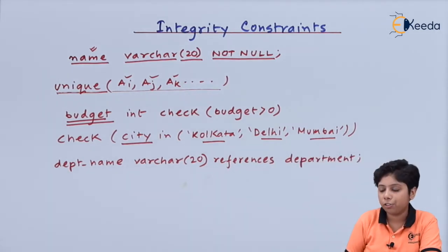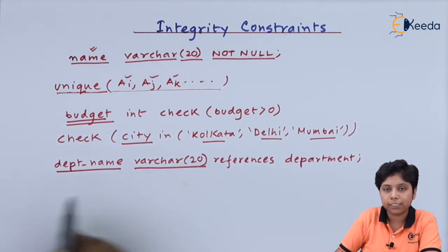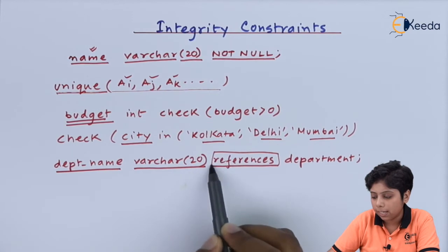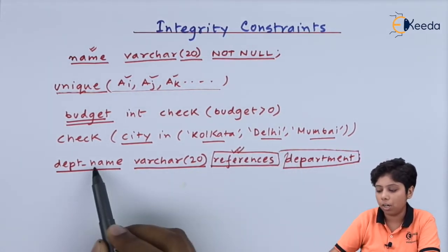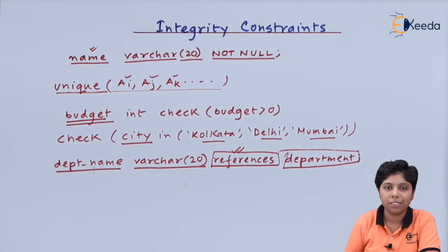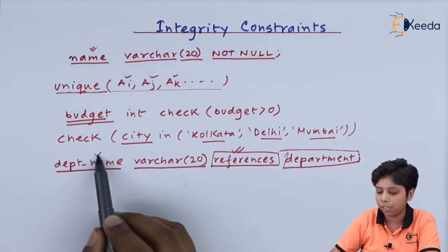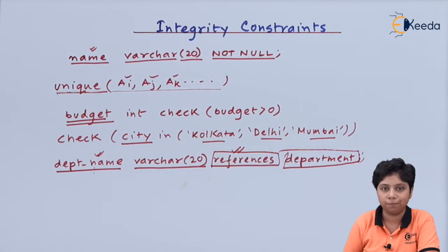See, here we need to mention the attribute name, the size and data type of that attribute, then the keyword references, and then which relation I am referencing for this attribute. So the references keyword actually makes the relationship and makes this department name a foreign key to this department relation.